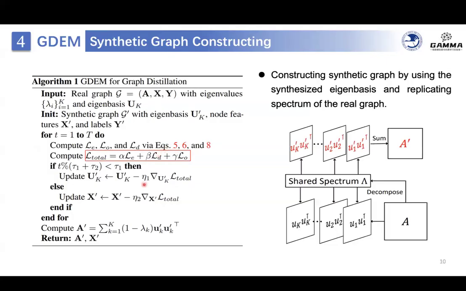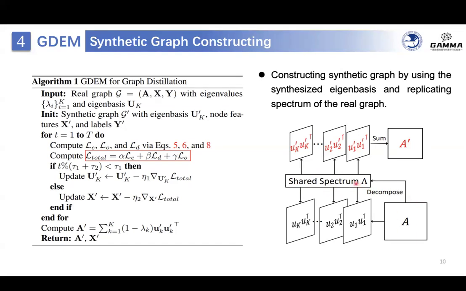And by minimizing this loss, we can get the synthetic eigenvectors and the node features. However, the synthetic graph structure is implicit due to the absence of the spectrum. Ideally, if the synthetic graph is to preserve the structure information of the raw graph, its spectrum should be similar to the raw graph.